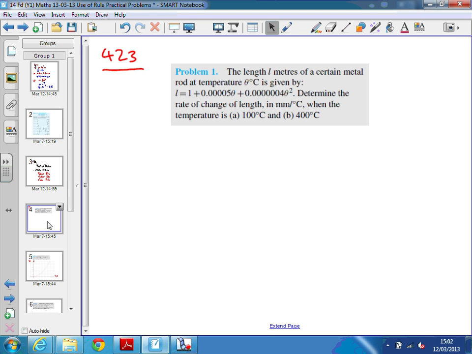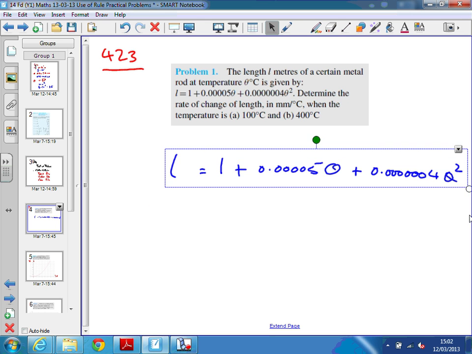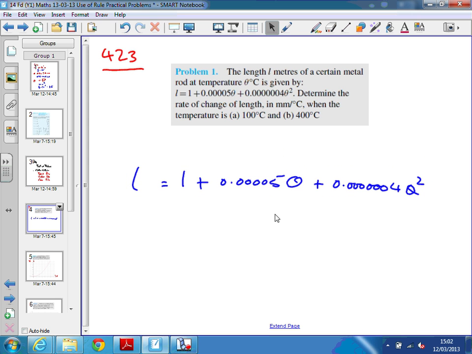So L equals, this is the function, 1 plus 0.405 theta plus 0.60 theta squared. That's the function that describes what's going on in this metal as you heat it up, how the length is changing.